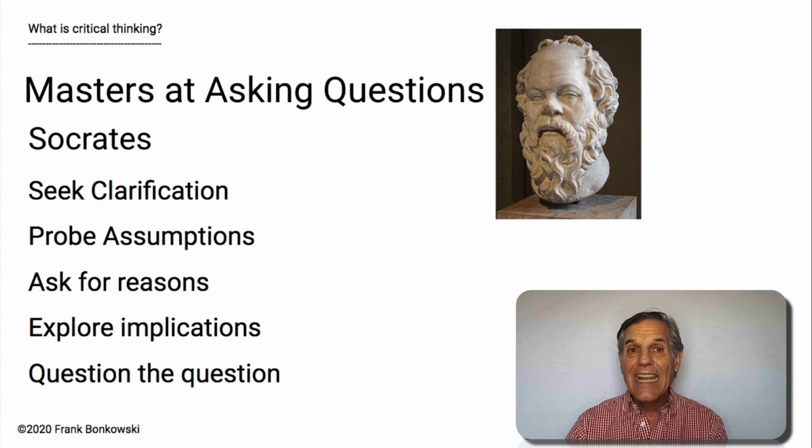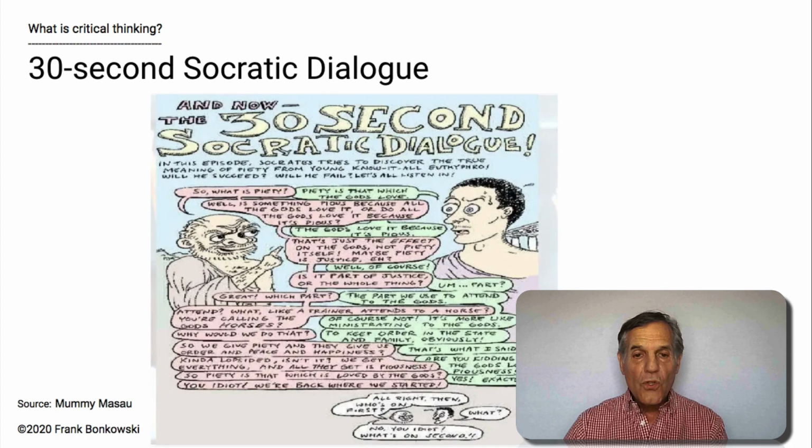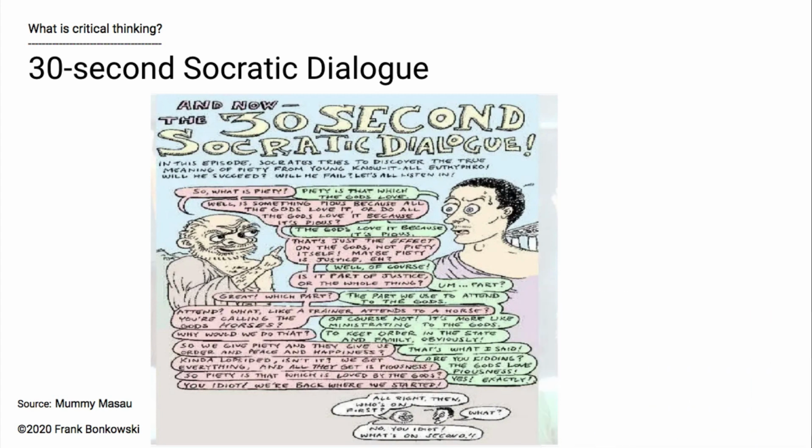Challenge thinking and reasoning. And then in the next slide, you might want to look at the 32nd Socratic dialogue, which has Socrates trying to discover the true meaning of piety in a conversation with a gentleman named Euthyphro. You might want to take a few minutes to look at that.